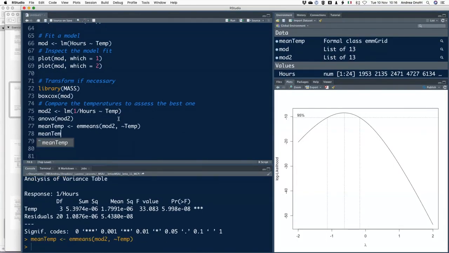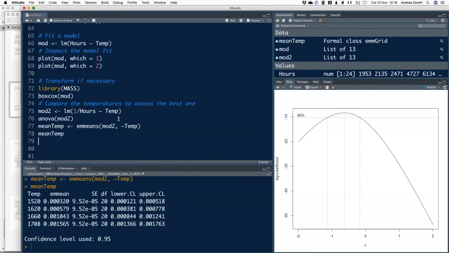So the expected marginal mean is the reciprocal. But I see that, well, this is a reciprocal transformation, so I need to understand that the lowest value corresponds to the highest number of hours.